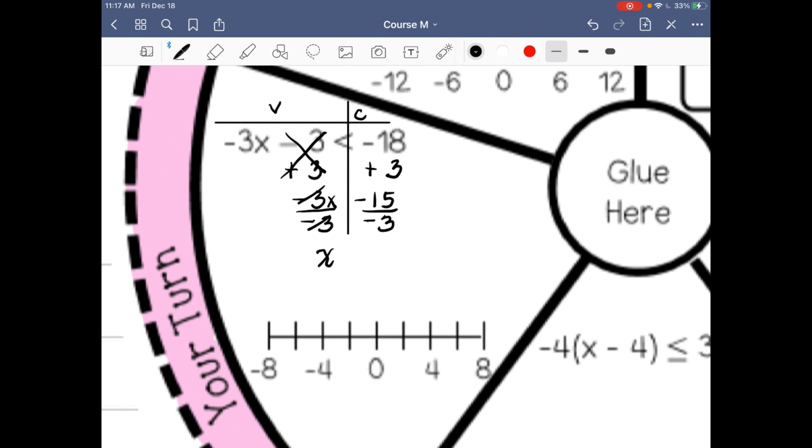So remember to reverse your arrow, and that's a positive 5. So let's put our interval at positive 5. It's open, and we shade above the interval.